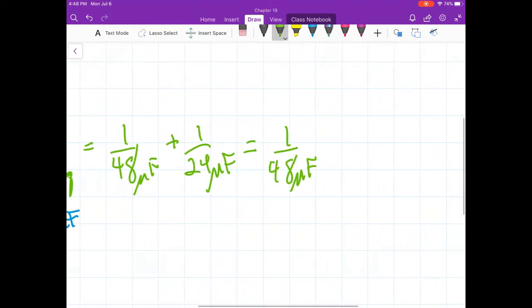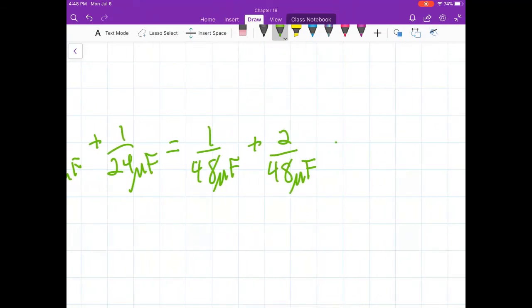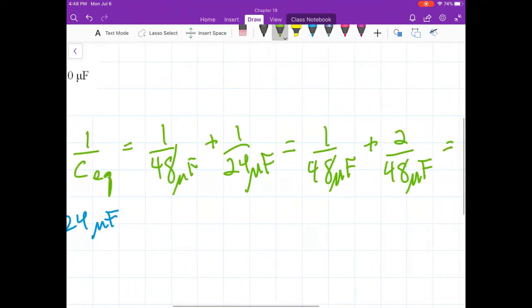The 1 over 24 is the same as 2 over 48 microfarad. So with a common denominator, that's equal to 3 over 48 microfarad. That's 1 over CEQ.